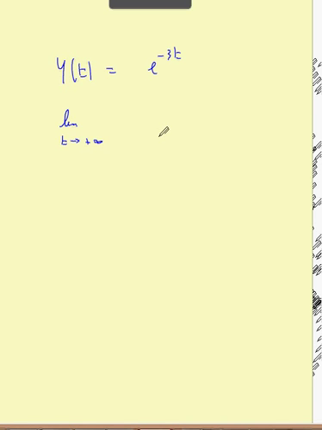Why is this limit equal to 0? Because the exponent is negative. So you get e to the power of minus 2 billions. It's a smaller and smaller number. So we converge to 0.